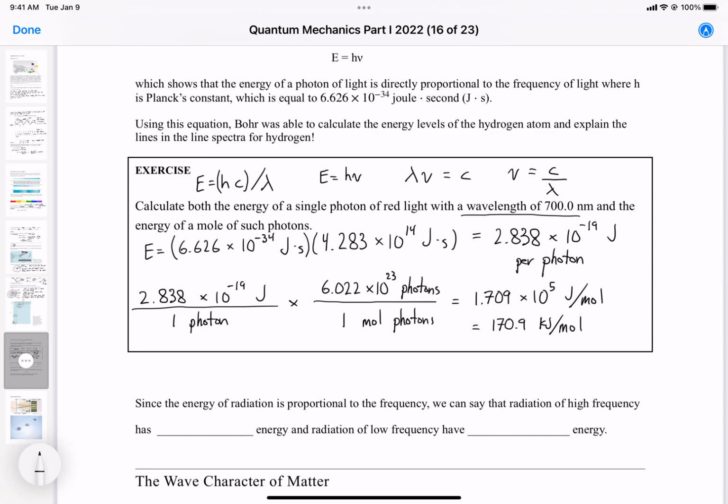To give you a point of reference, this is enough energy to raise the temperature of 1 liter of water by more than 40 degrees Celsius.